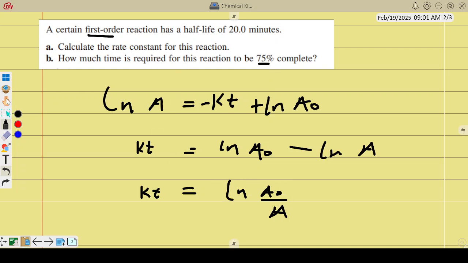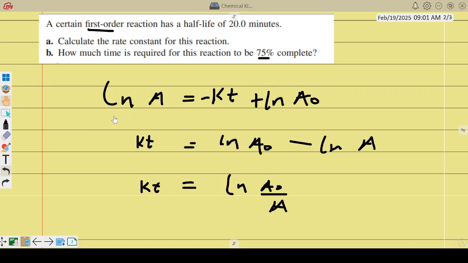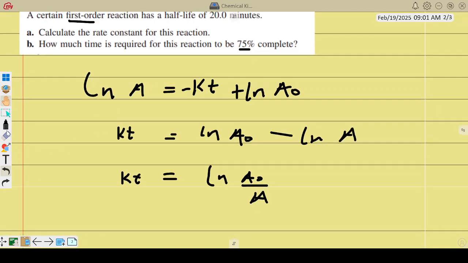What you have to understand at this point is we're trying to find the time required for this reaction to be 75% complete, like after it has reacted 75%.